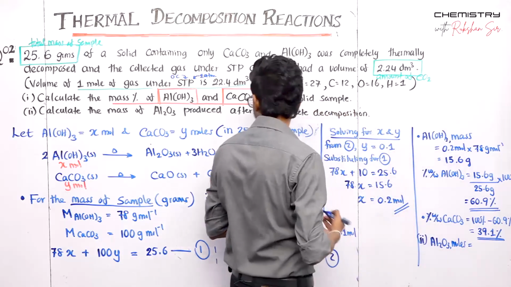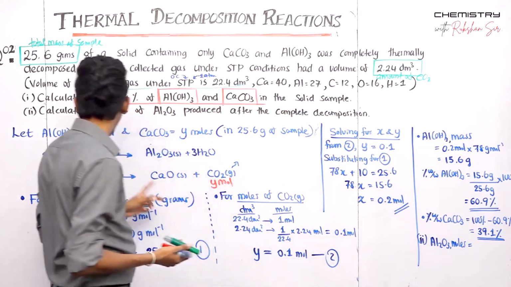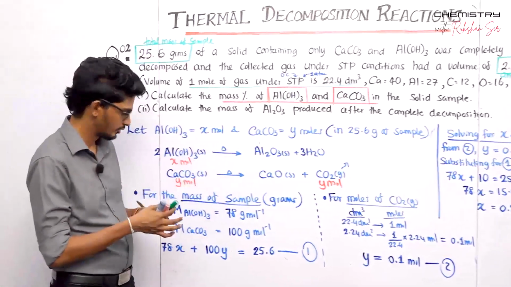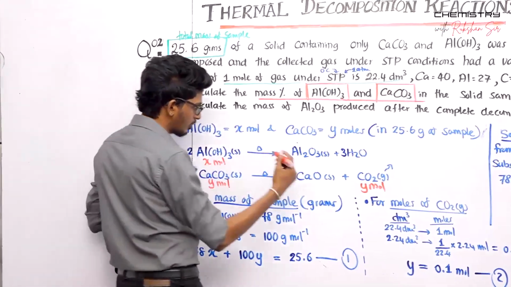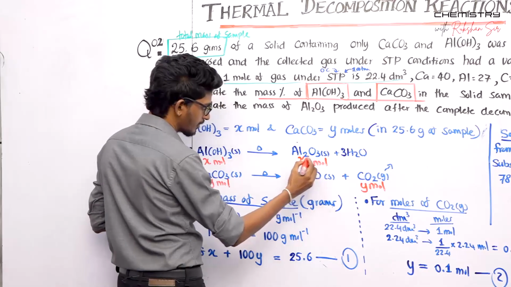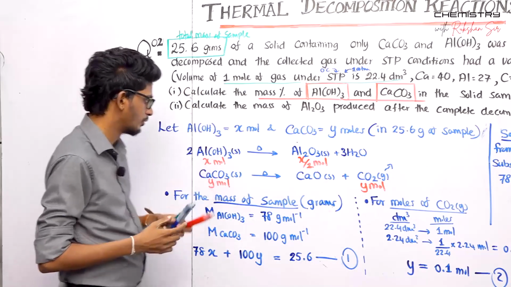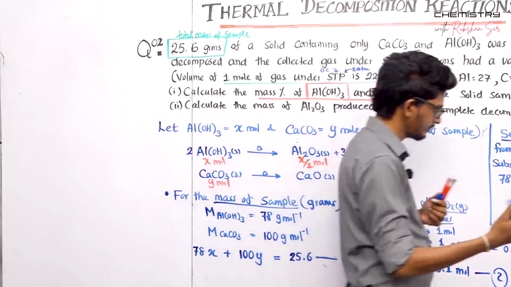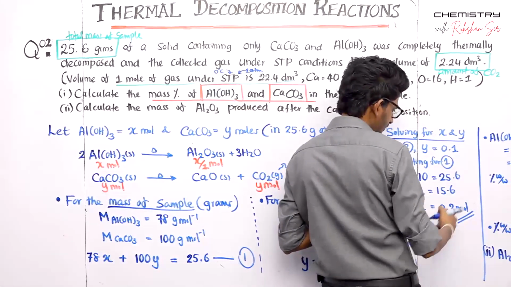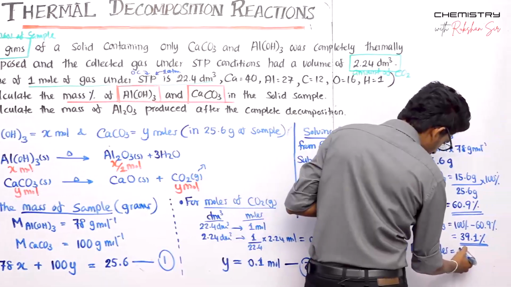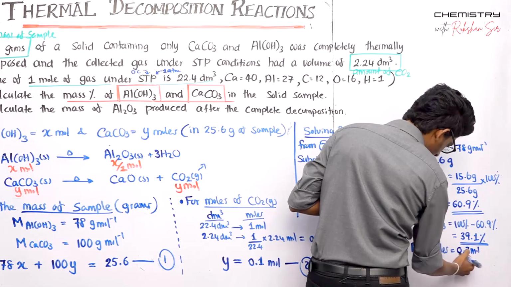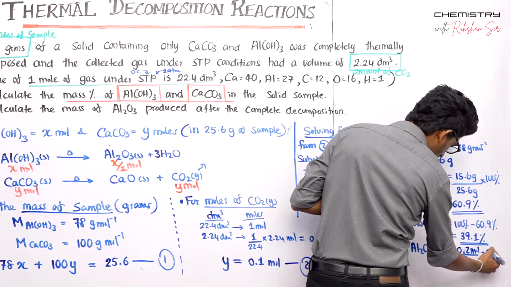Aluminum hydroxide to aluminum oxide is actually a 2:1 ratio. If this is x moles, it is going to be x/2 moles. That means the x value is 0.2, over 2. This is 0.1 moles.